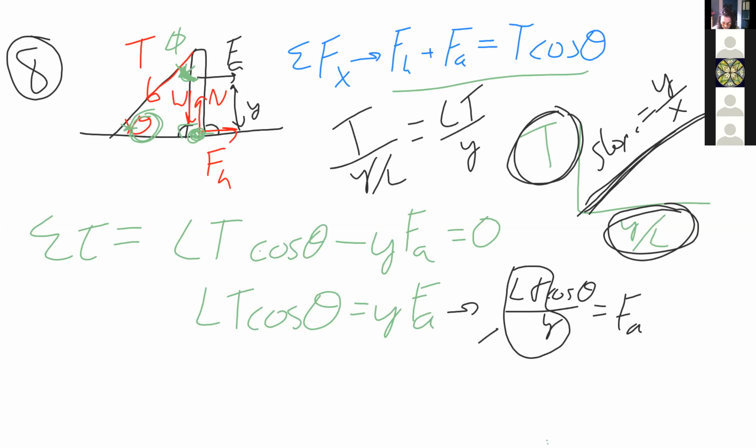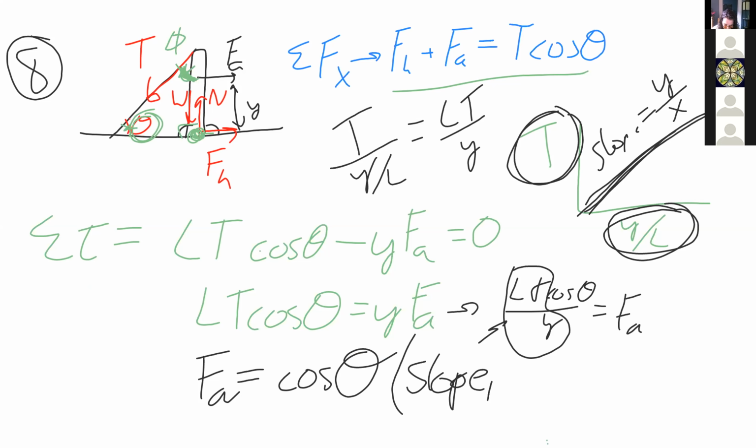That means that this will be the slope from part B. So f sub a is equal to cosine theta times the slope from my graph that is labeled B. And again, that's just because that slope is T on y on L, and I have LT on y, which is identical.